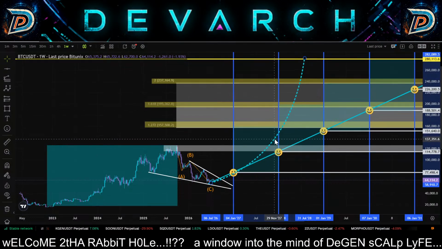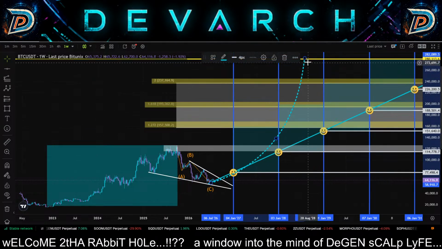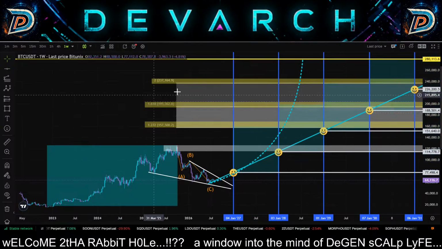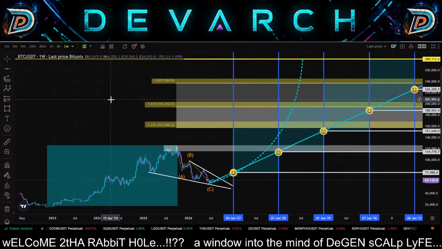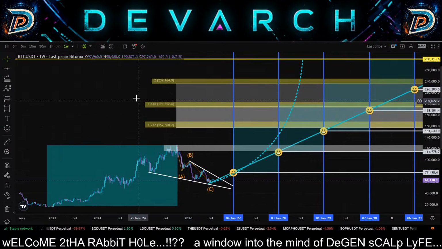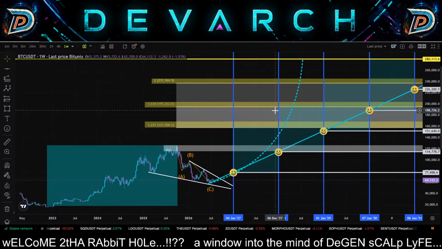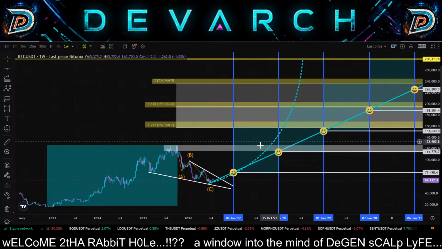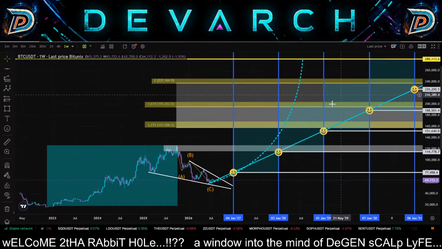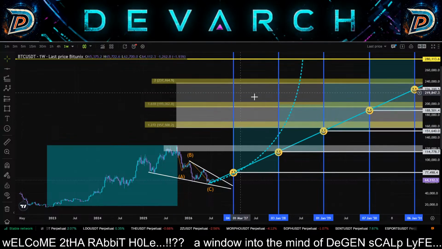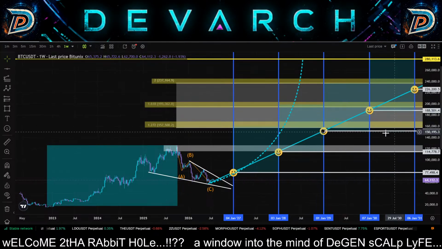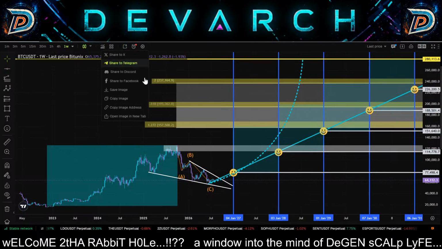If someone tells you they know what's going to happen, then stop following them, because nobody knows. The only thing we can do as technical analysts is give ourselves accurate projections for possible zones to be aware of for reactions. The price does what it wants to do, and the market maker moves it how he wants to move it.